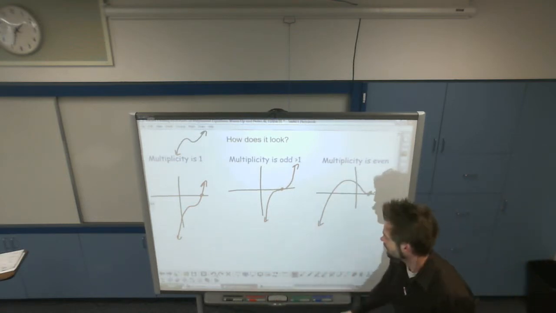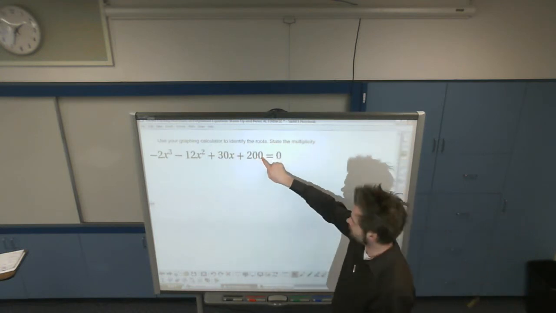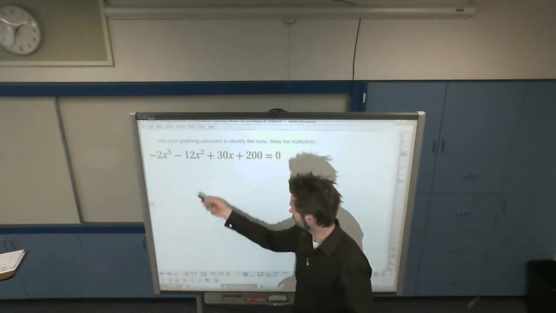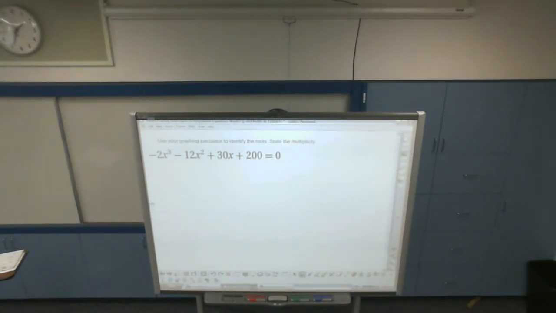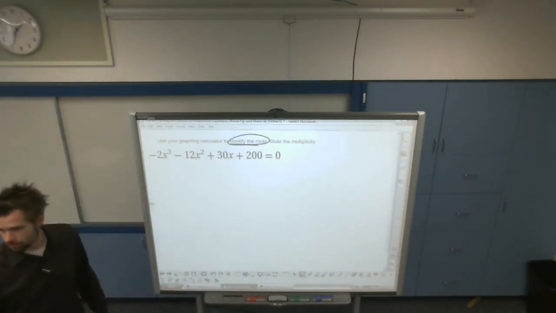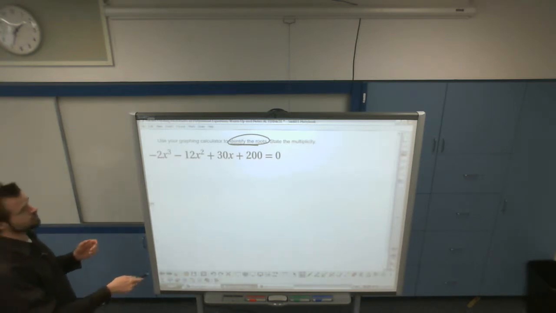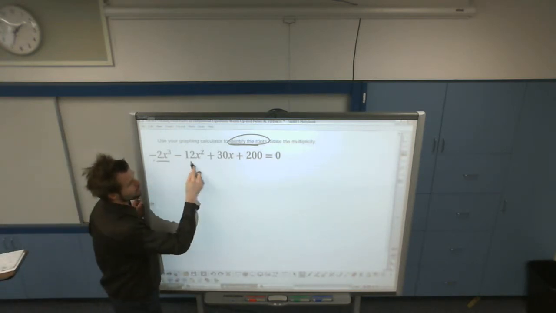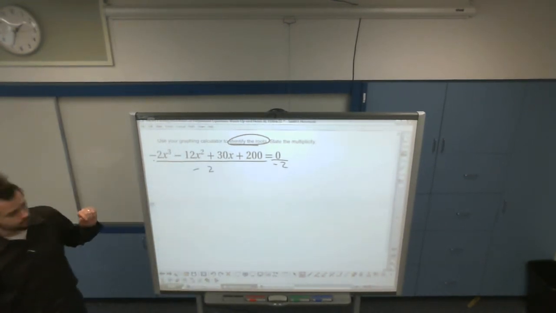We need to check this out and see how this will let us solve stuff. So take your graphing calculator, please. Write this down first, actually, and then take out your calculator. We are asked to identify the roots. That's another word for solve. So we don't have to be careful here. If we see a GCF like a -2, we can just divide everybody by -2 to get rid of it.